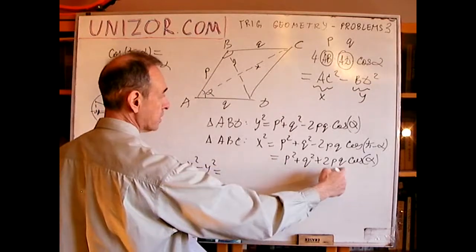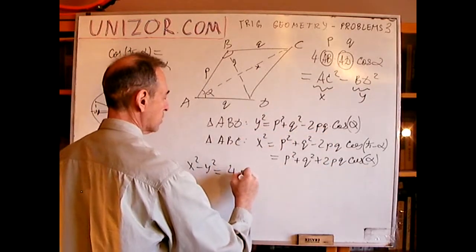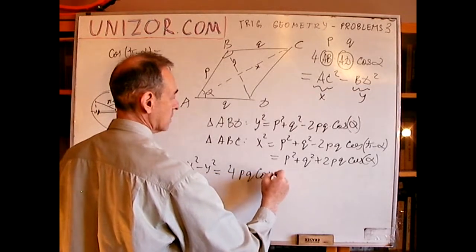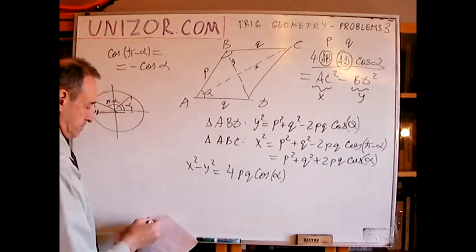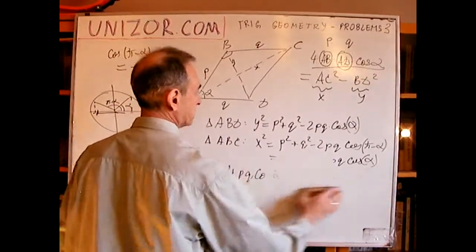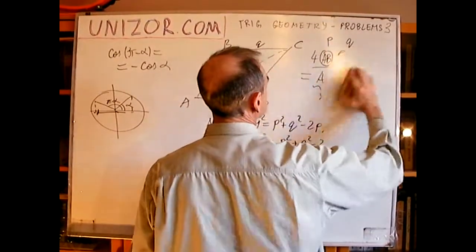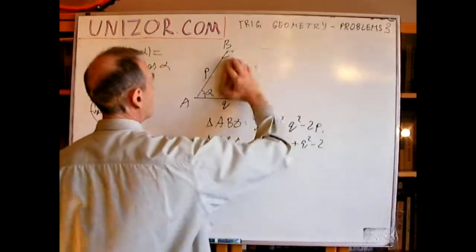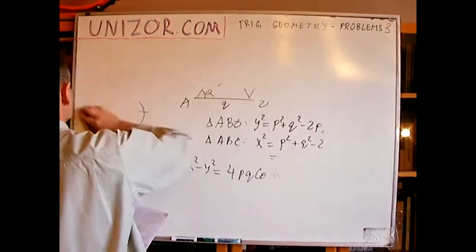So it will be 2pq cosine plus 2pq cosine, which is 4pq cosine of alpha. That's exactly what this is. That's it. Very simple problem.